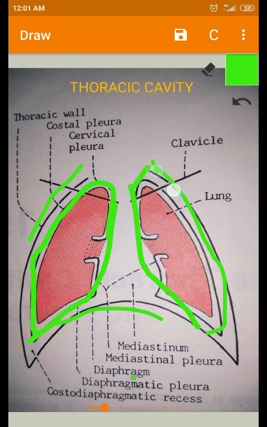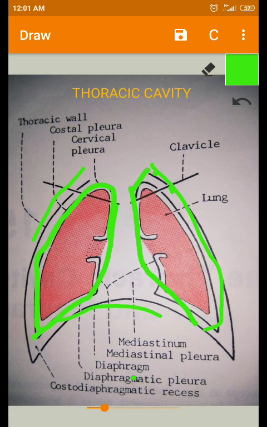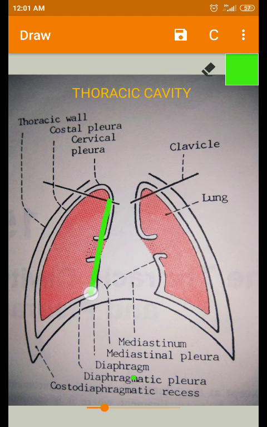and these two pleural cavities are occupied by the lungs. These are the lungs. Here the right side pleural cavity and the left side pleural cavity are separated by the median partition, which is called the mediastinum.